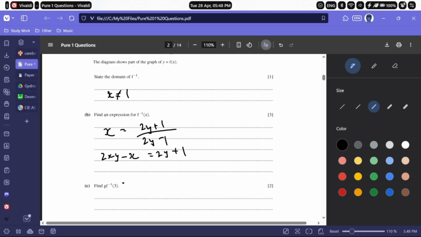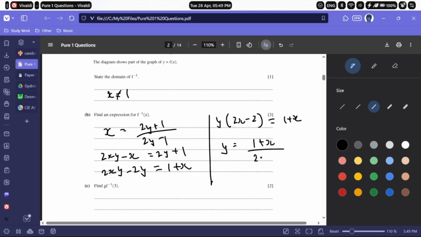Bring the two y terms together, so you get 2xy minus 2y is equal to 1 plus x. Then you get y times 2x minus 2 is equal to 1 plus x. y is equal to 1 plus x over 2x minus 2.